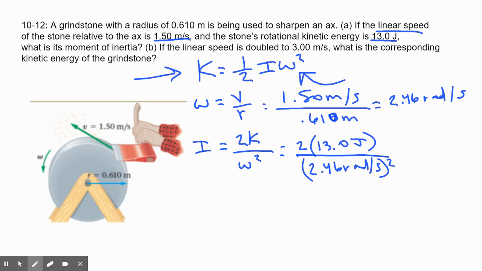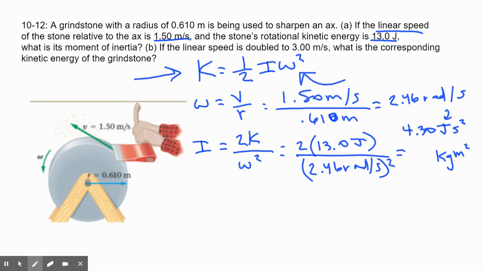So now we can see that I is equal to 4.30 joules seconds squared. Or if you did not use joules, you could have just said that this was 4.30 kilograms meters squared. Either is fine, but I'm going to stick with joules. No need to do any extra work at the end of this.